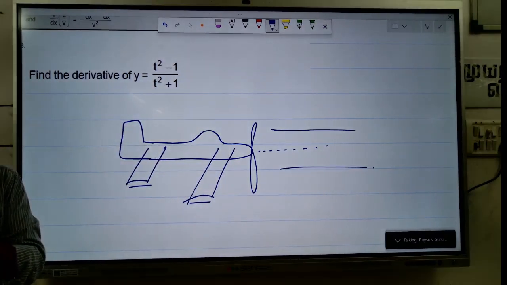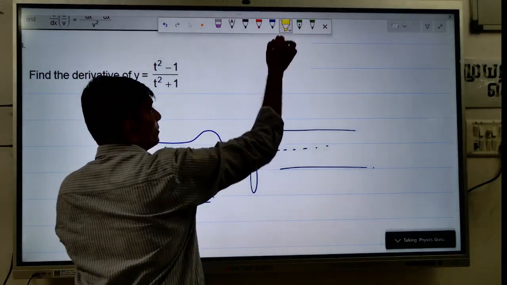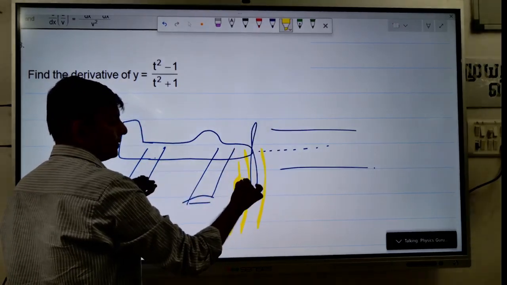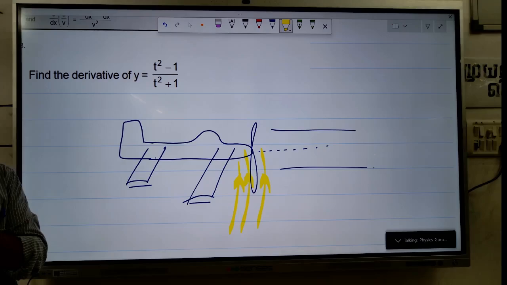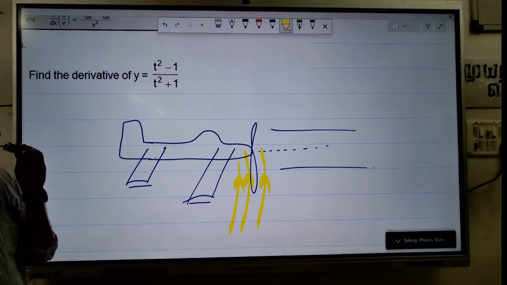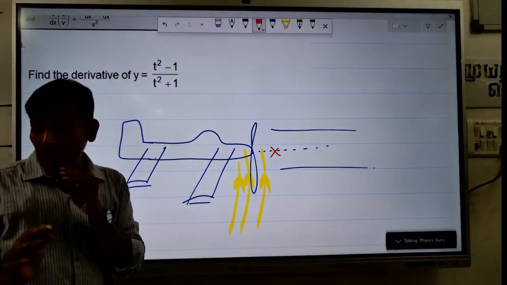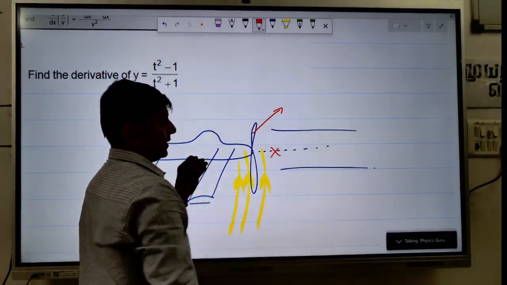If I try to do that, when I try to come down, imagine that winds are pushing me from left to right. Okay? Will I be able to land exactly at the spot where I want? Definitely no. So the winds will drift me towards this.